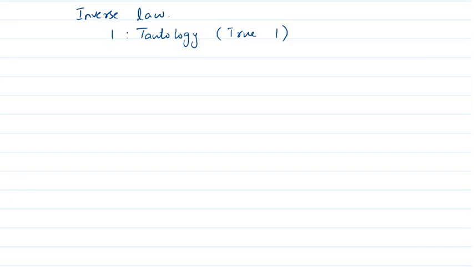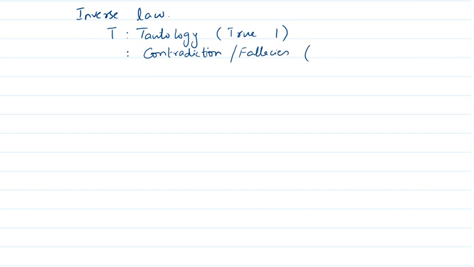We denote a tautology with the T symbol, right? The second terminology that you should be familiar with is known as contradiction, or you may also say fallacies.